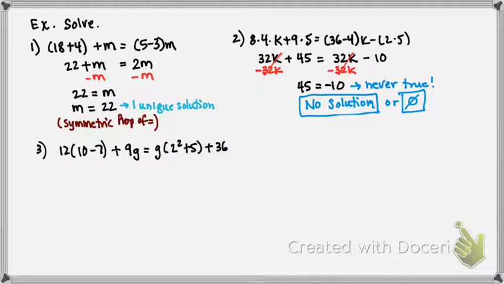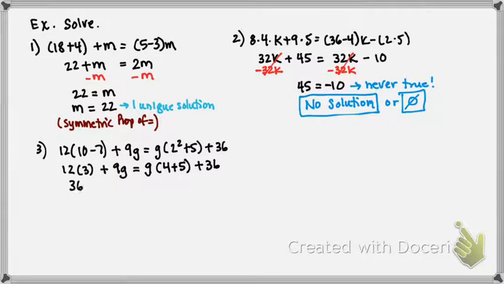Okay, so we're going to start solving. We're going to do what's in the grouping symbol, so 10 take away 7 is 3. And then, again, in the grouping symbol, 2 squared is 4. So we get 4 plus 5 plus 36.